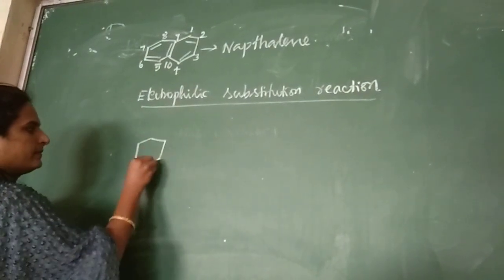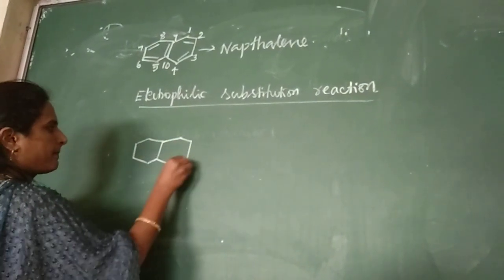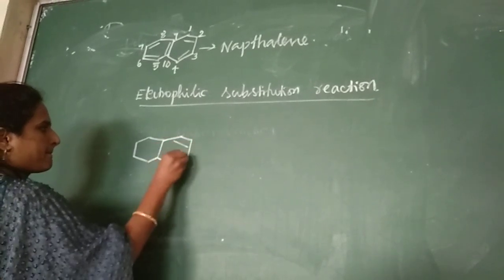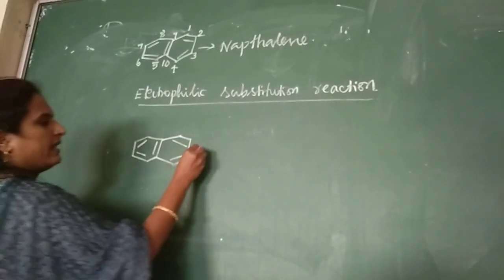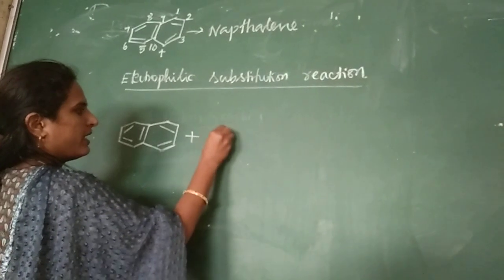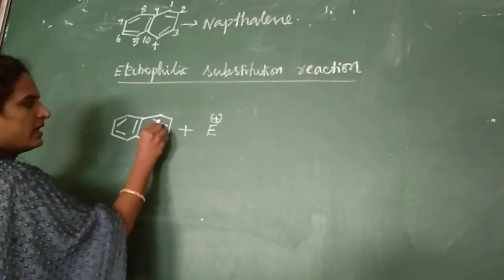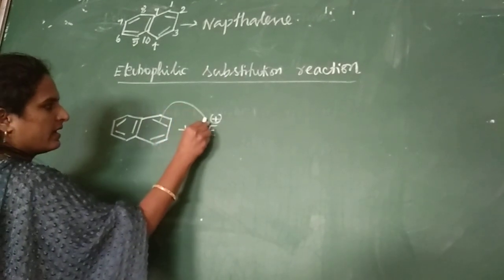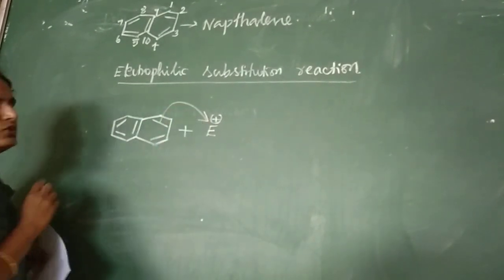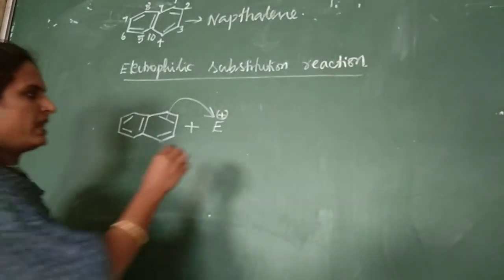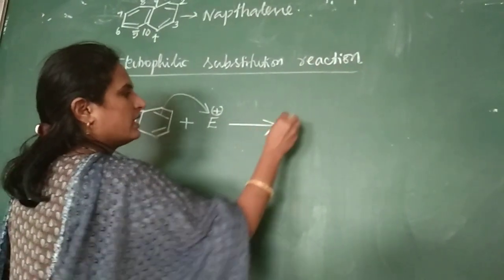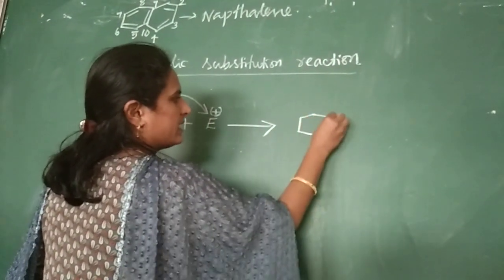Naphthalene reacts with the electrophile at position 1. Here the double bond electrons move towards the electrophile. It forms the intermediate like this.